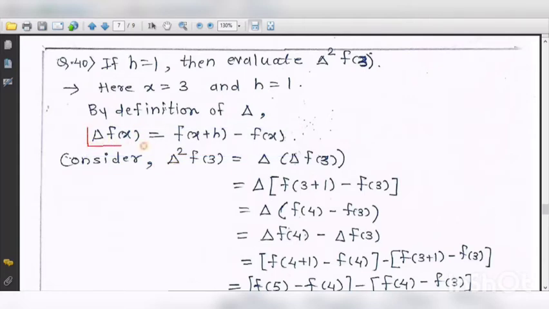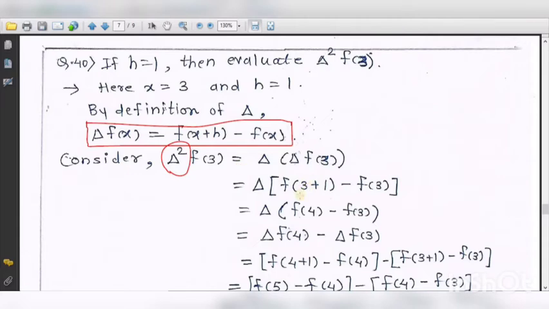Delta f of x equals f of x plus h minus f of x. We are using only this definition to find delta square f of 3. As we have seen in lecture 1, delta square is repetition of delta. So we are operating this delta 2 times on the function f of 3.